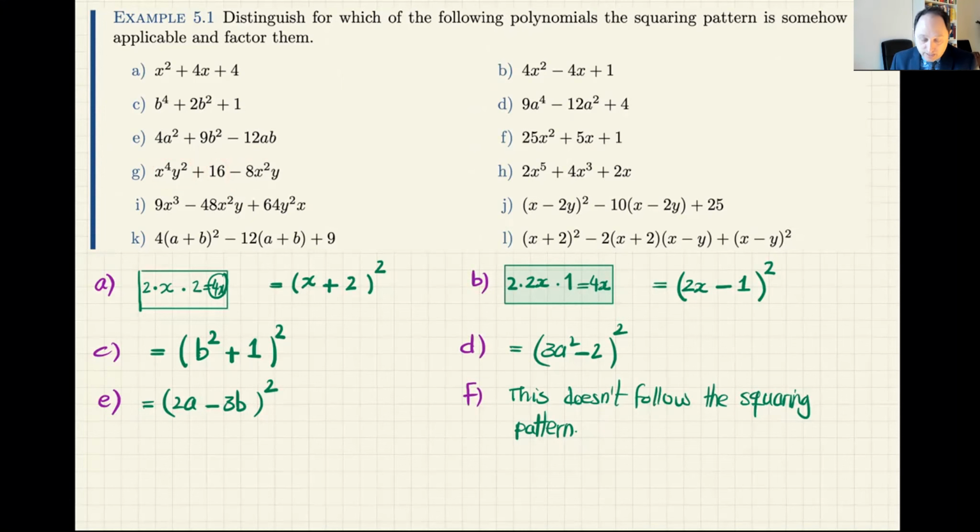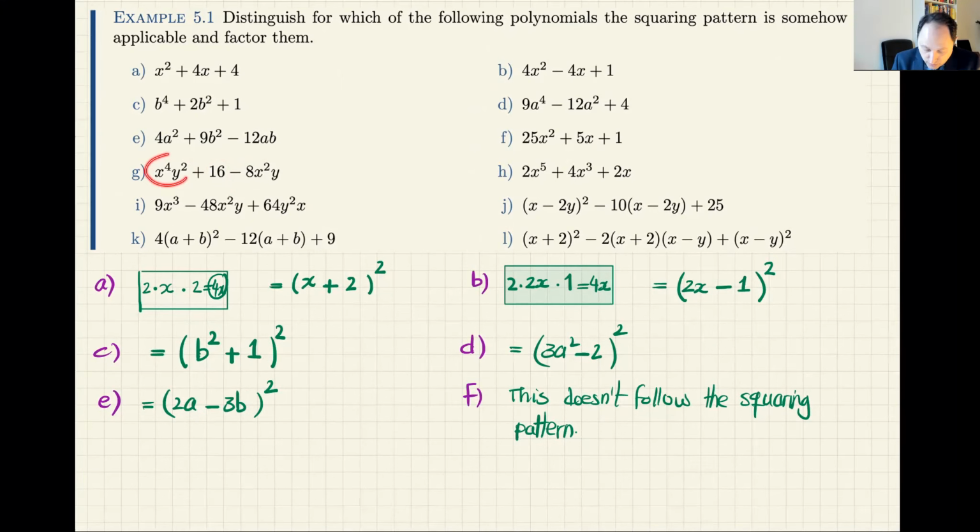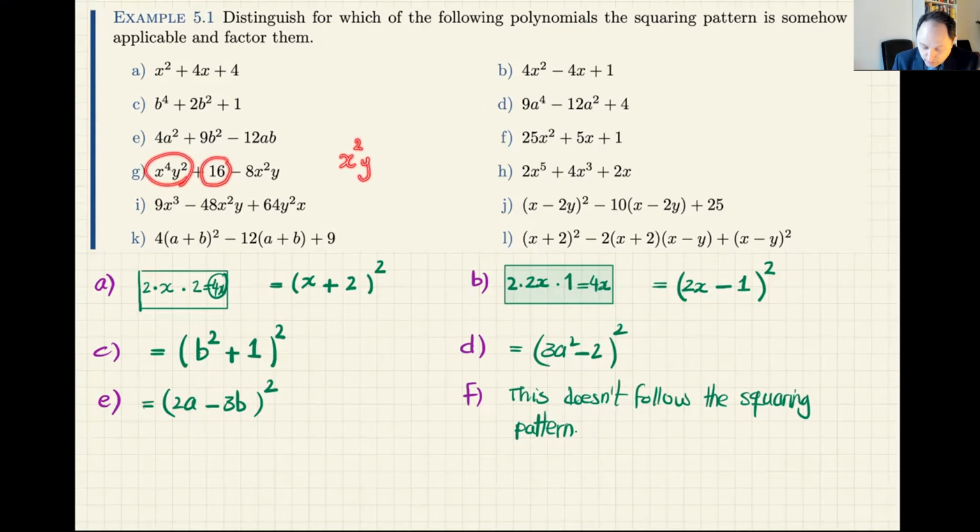You need to check the last part. So you take the square root of this one, it becomes x to the 2y. You take the square root of this one, which becomes 4. And then you multiply them by an extra 2. So if I ask you what is this, you say that this is 8x squared y, which is exactly the middle term.